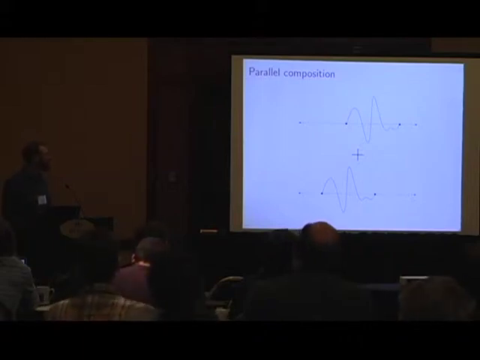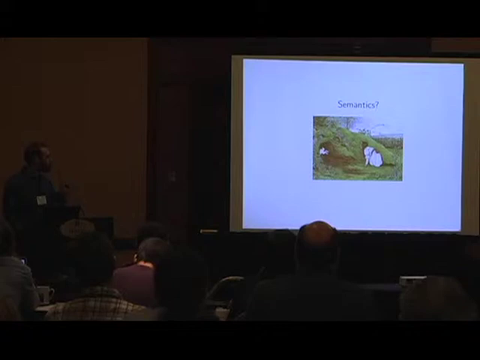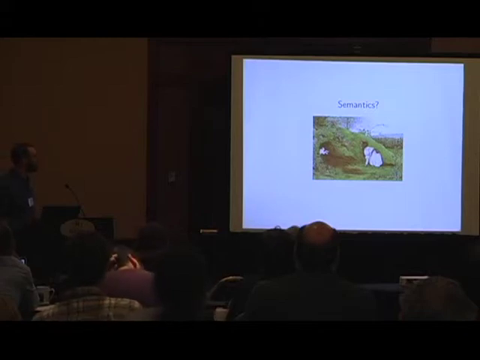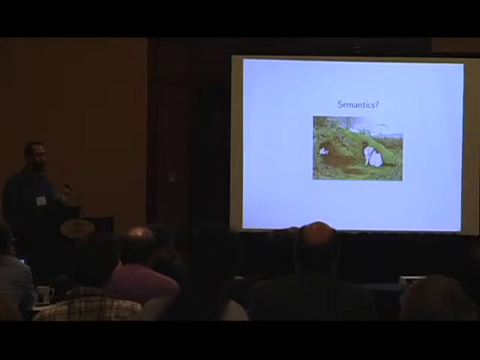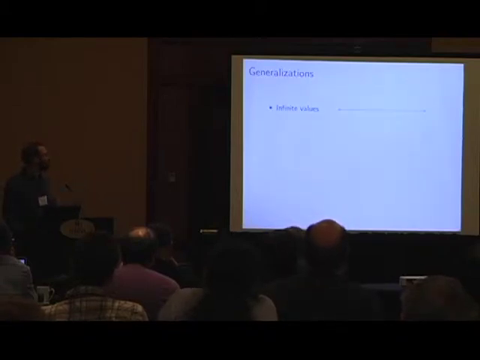Okay, well it's easy to say that, but then what do these operations mean? What are the semantics of these operations? We're still falling down the rabbit hole of trying to figure out what these operations mean. Through the course of thinking about these, I'll highlight a few generalizations we had to make and motivate them, and then also tell you why they might be wrong.